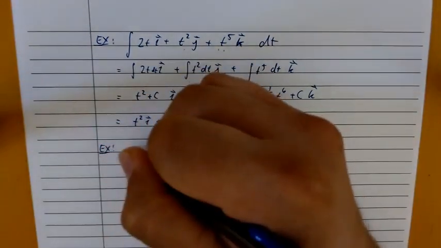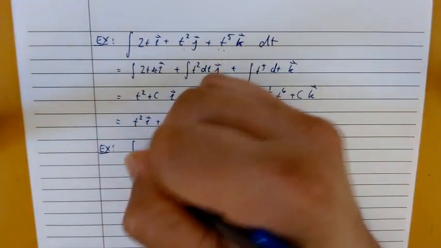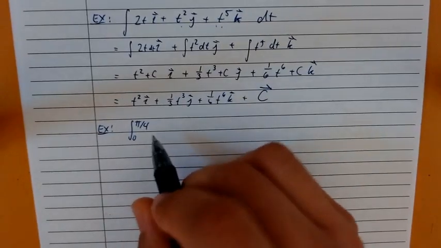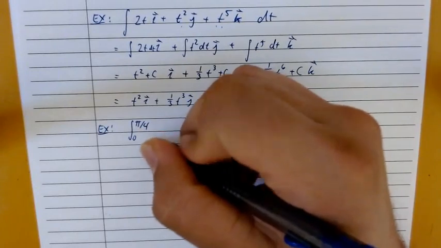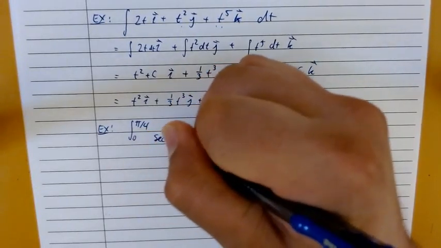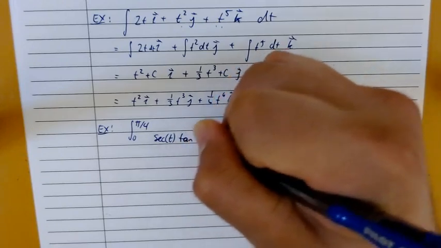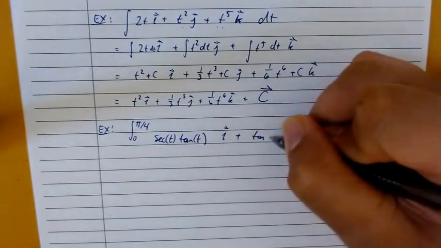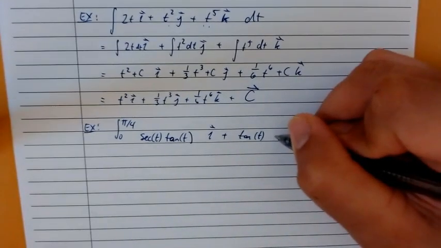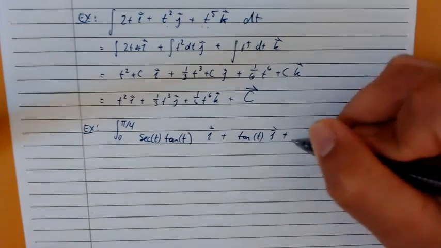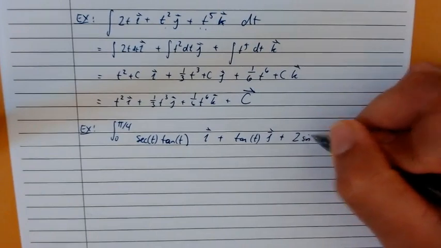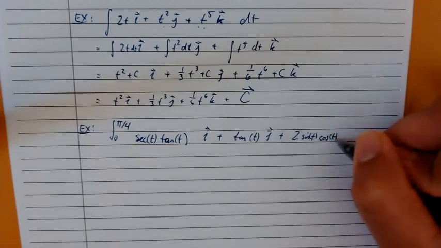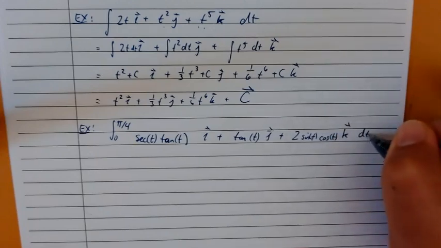Go ahead and give this a try. Go ahead and compute the integral from 0 to pi over 4. You say, are you going to throw trigonometry at us? Of course I'm going to throw trigonometry at you. I have to, don't I? Let's take the integral from 0 to pi over 4 of secant of t tangent of t i plus tangent of t j plus 2 sine of t cosine of t k dt.